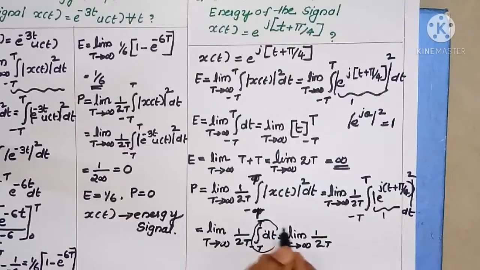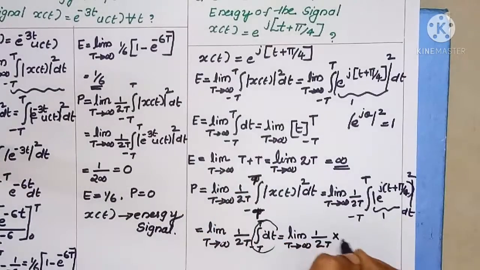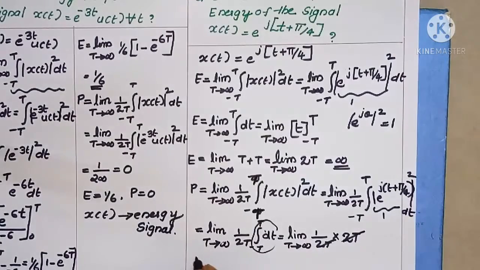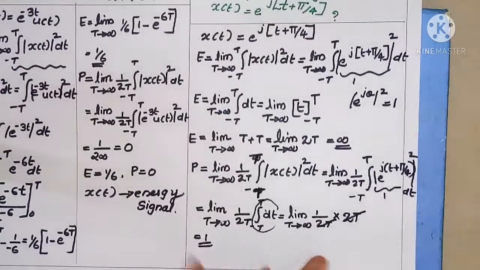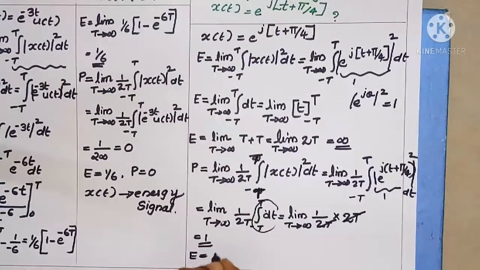Solving this, we get 2t, so the 2t cancels and the power becomes 1. So here we get E is equal to infinity and P is equal to 1. That means E is infinite and power is a finite value, so we can call this signal a power signal.